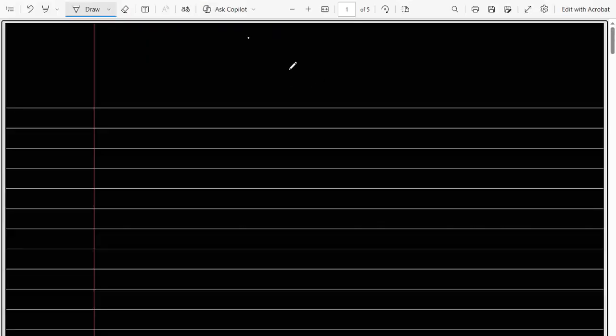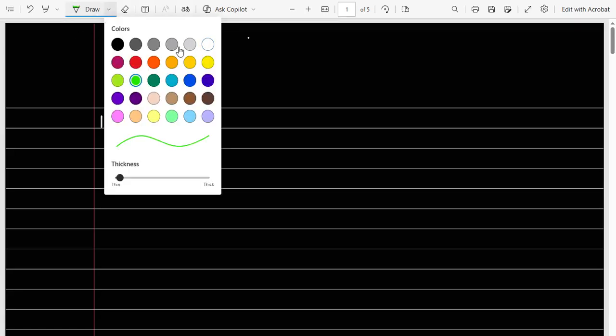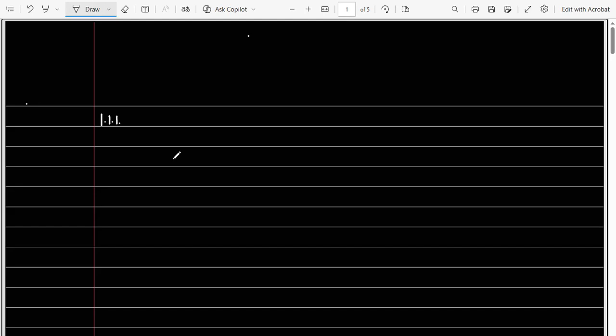Okay, so remember, this is what I have on 1.1.1. So we are given x squared, and this is equal to negative 4x.